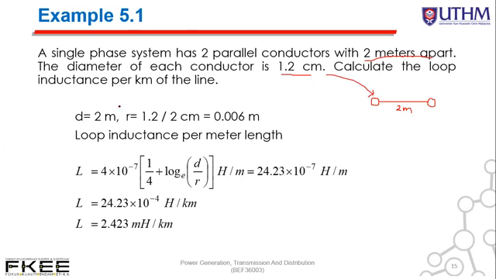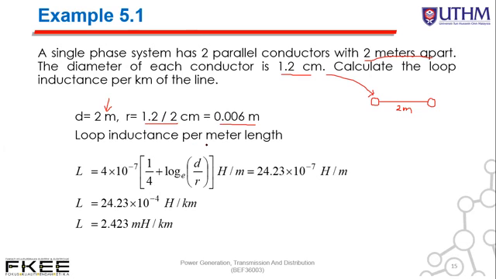So here, given the distance D equal to 2 meters between the two conductors. From the diameter given, we can calculate the radius, which is 1.2 cm divided by 2, so radius equals 0.06 meter.